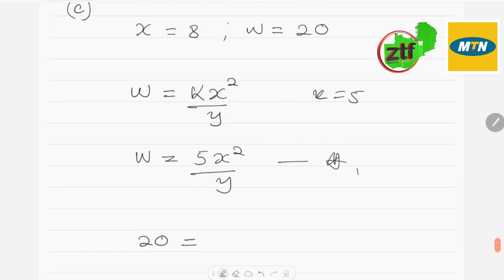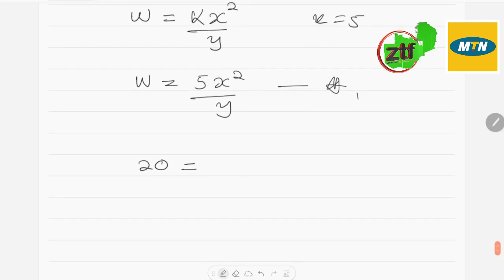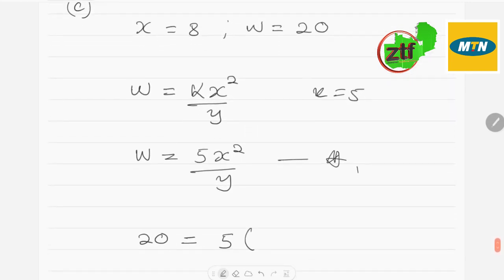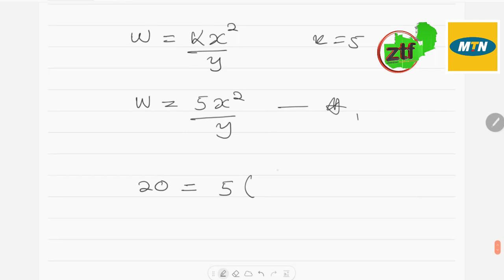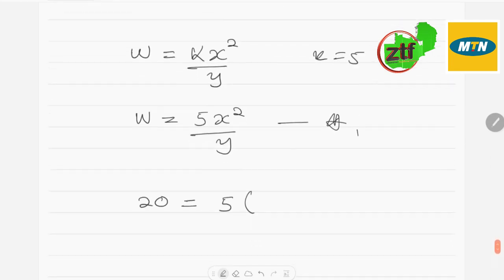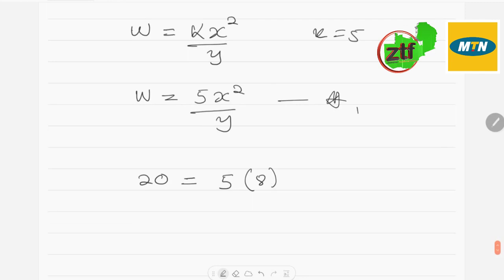20 into star 1. Then 5, where there is x, we'll put 8 squared, then divided by y.